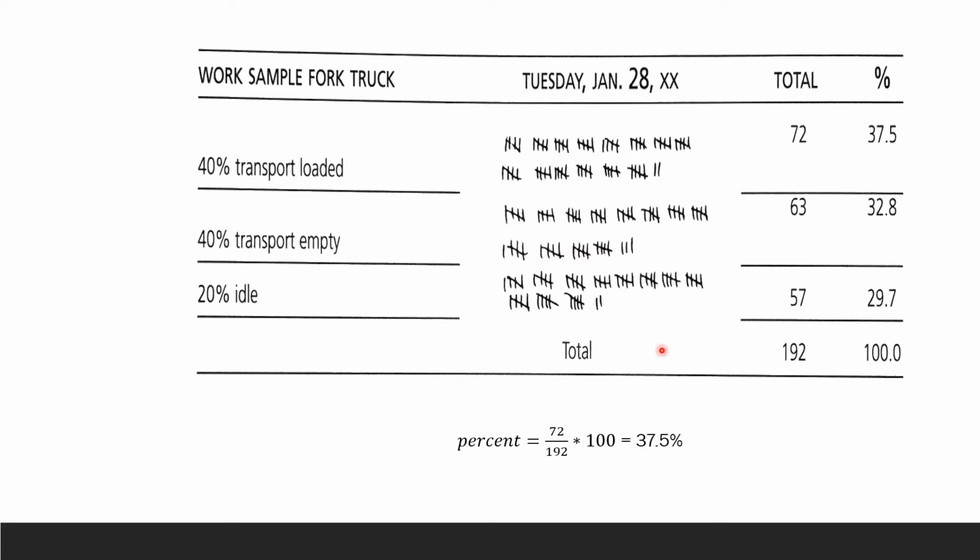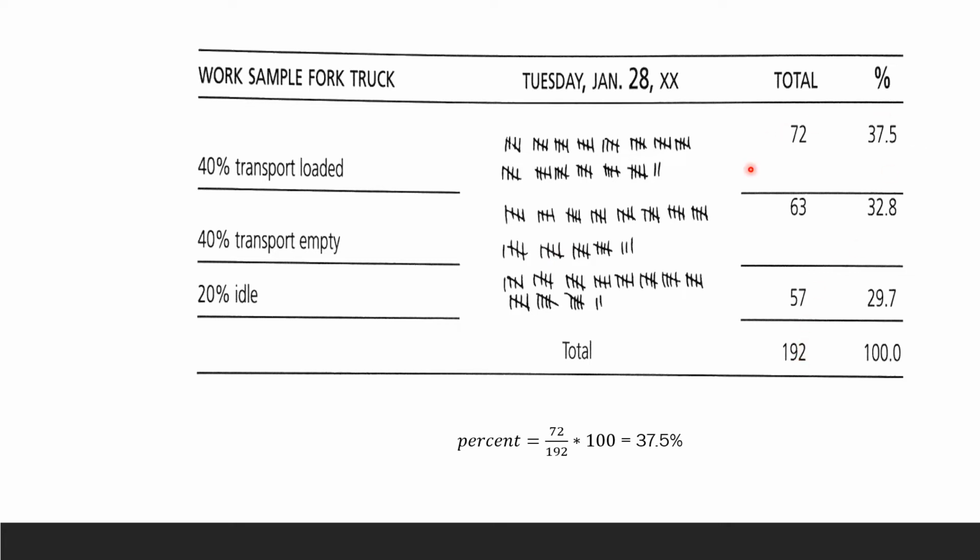All right, the next one. So here is a tally, and they're just trying to get the data for 40% transport load in work sample for your truck, and 40% transport is empty. So this guy just recorded the data that way, and 20% is going to be idle. I'm going to translate that into work sampling. So we get 72, 63, and 57 for each work element, and the total is 192.